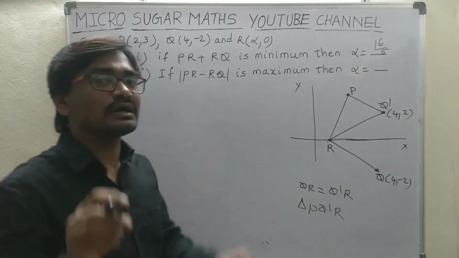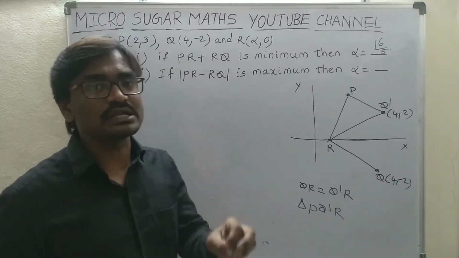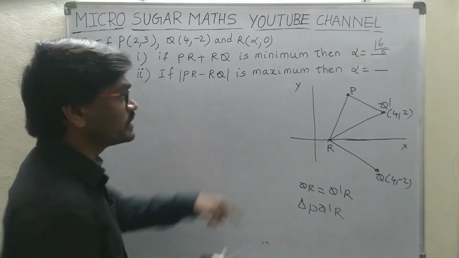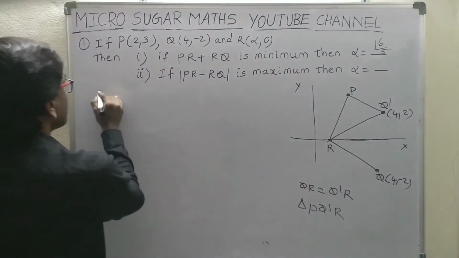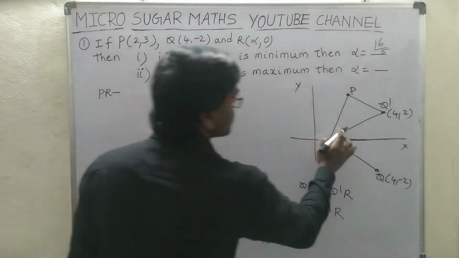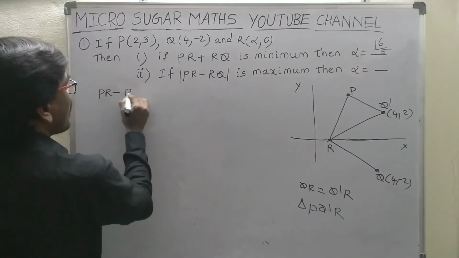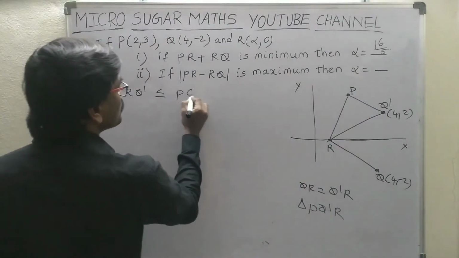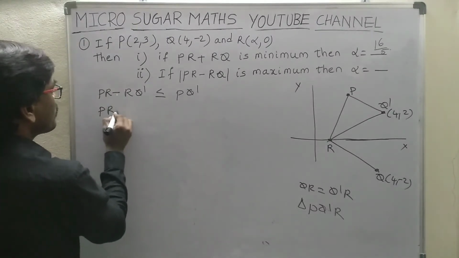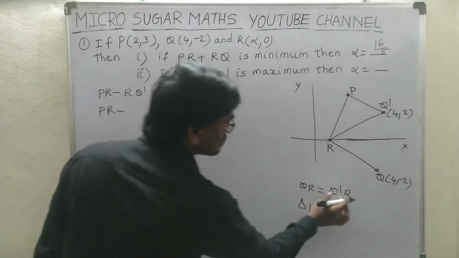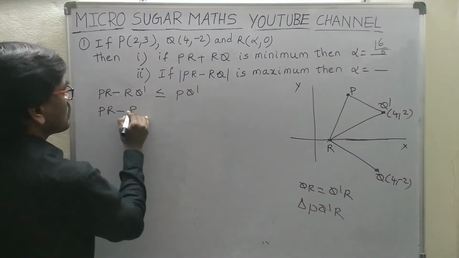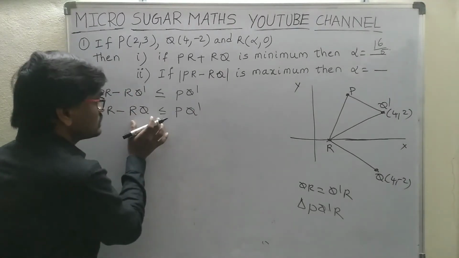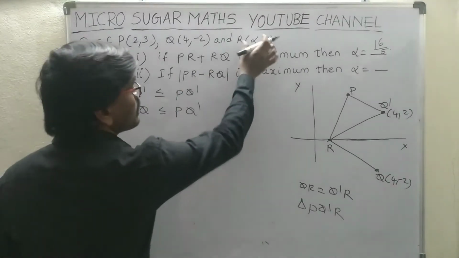Now students, apply the triangle inequality. The triangle inequality is: the difference between two sides is less than or equal to the third side. That means the first side PR minus the second side RQ dash is less than or equal to the third side PQ dash. Now, the left side is a function of alpha.